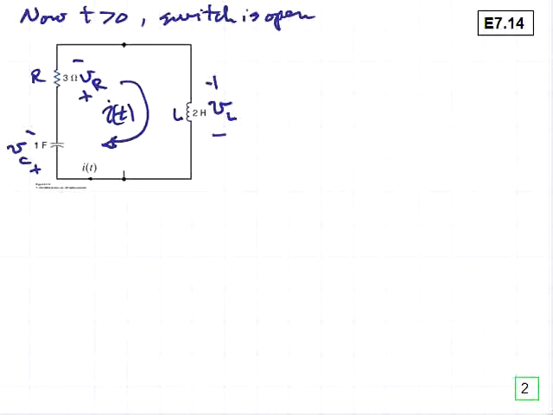And that's the desired current, that current flowing in the bottom line of the circuit.